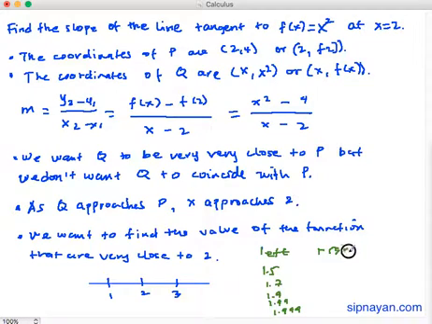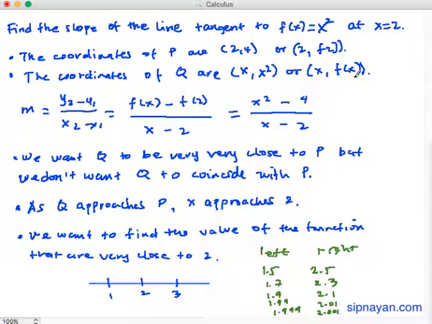Tapos yung right naman, siguro pag dito ka, 2.5. Pag dito ka somewhere, mga 2.3, maybe 2.1, 2.01, 2.001. No? Pag meron ka ng x, syempre makukuha mo yung f of x.